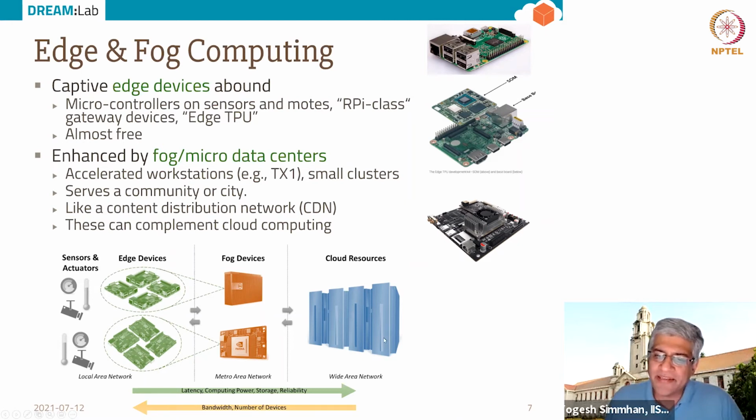But maybe it is not prudent to do it on the cloud either, partly because there's a lot of bandwidth that you have to expend in moving the data. For example, if you're looking at video data from a traffic camera network, moving all the data to a national level cloud data center is going to consume a lot of bandwidth.